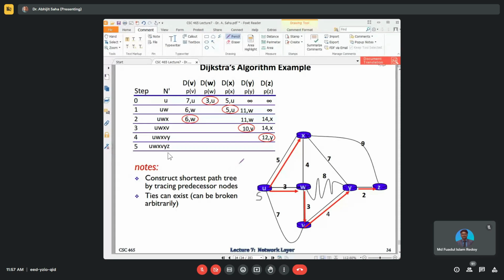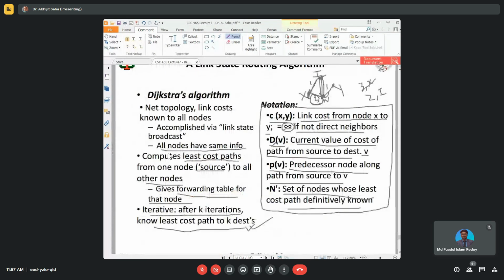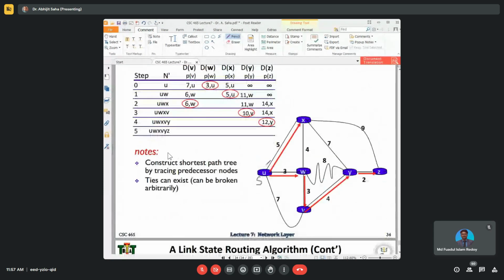All right, so now let's start. So for each of the nodes, excluding u, because it's the source, we are going to start from here. Each of the nodes needs to have this dv and pv, because we are going to find dv and pv for each of the nodes from the source node.